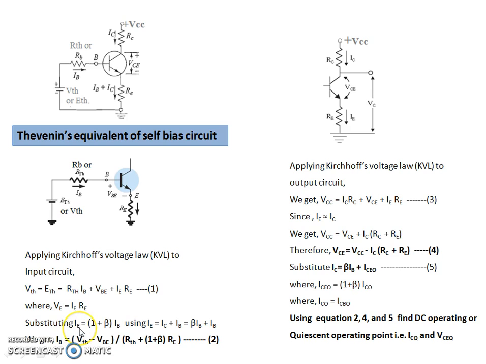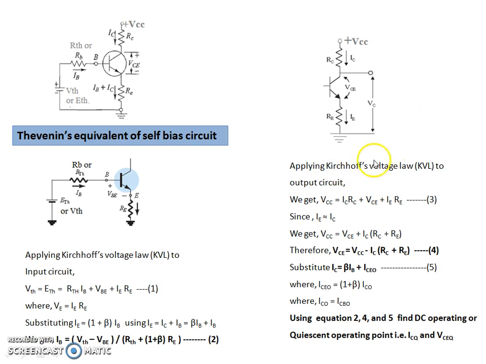Substituting IE equal to 1 plus beta into IB, using IE equal to IC plus IB, that is equal to beta times of IB plus IB, we get IB equal to VTH minus VBE divided by RTH plus 1 plus beta into RE.